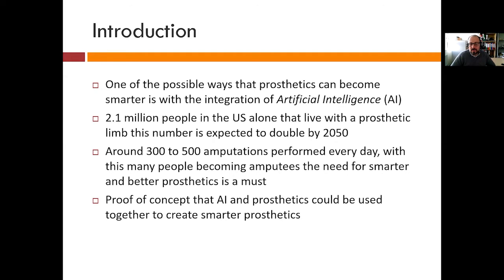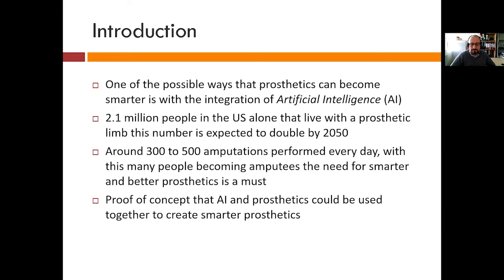The reason why we want to improve these systems is because, statistically speaking, there are a lot of people who may benefit from that. There are 2.1 million people in the US who live with a prosthetic limb. There are people who, unfortunately, have traumatic events where they got an amputation and so on.